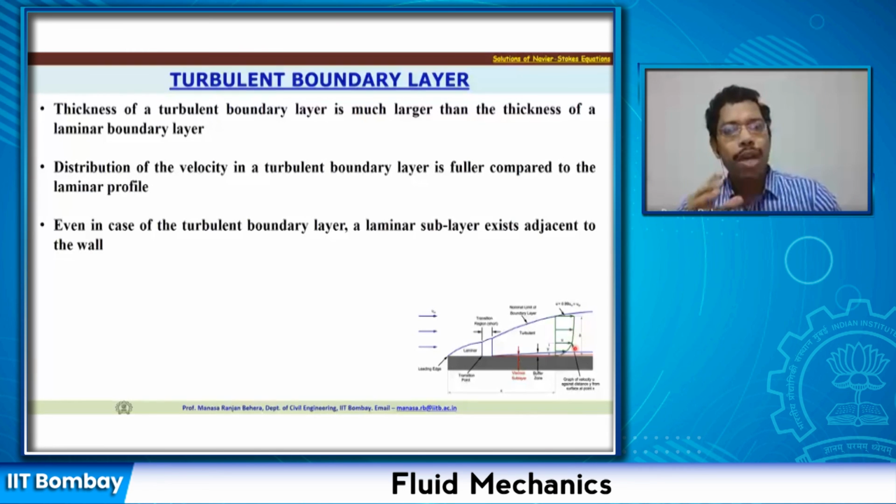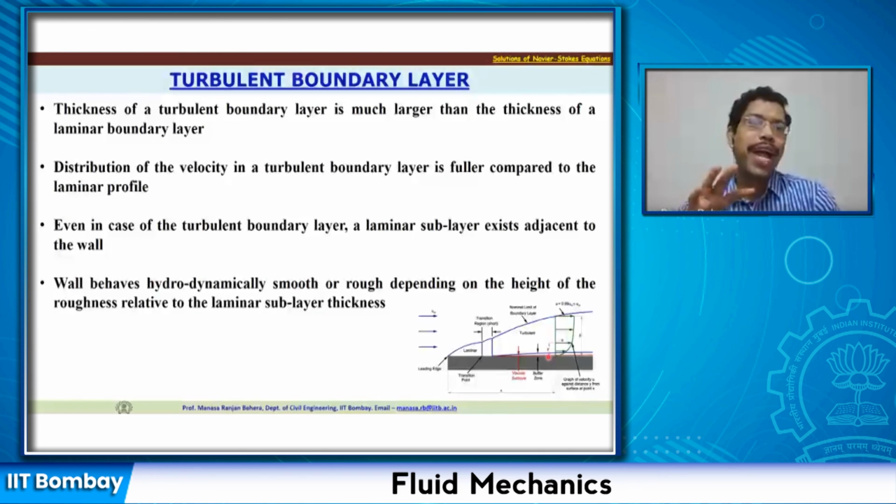Even in the case of a turbulent boundary layer, a laminar sublayer exists. We have already discussed that. You have the laminar sublayer very close to the boundary, even in the turbulent boundary layer. This is very important because the wall behaves hydrodynamically smooth or rough. Please understand this word hydrodynamically.